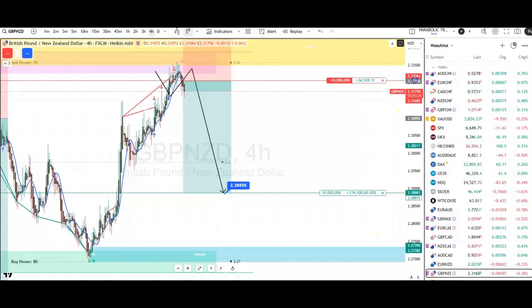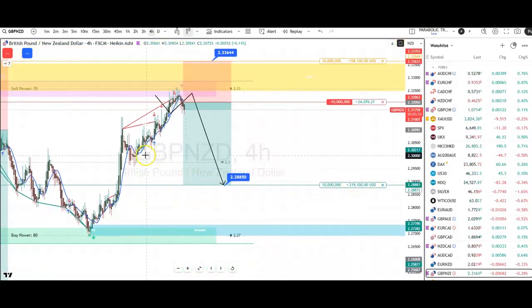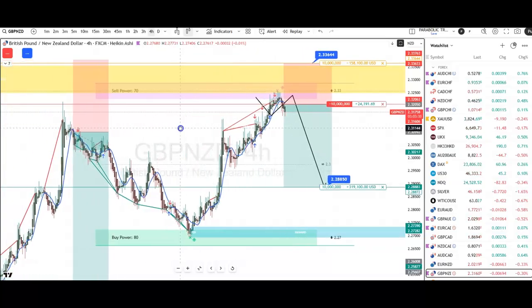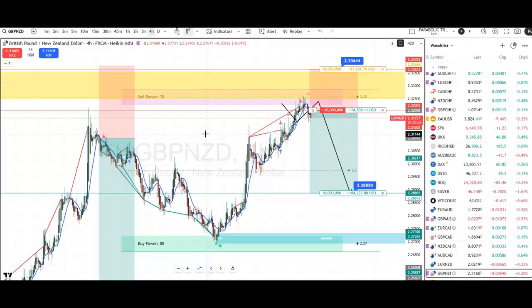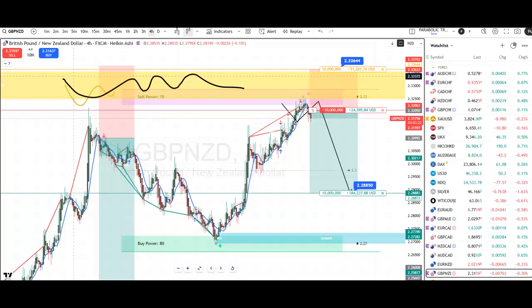Pound New Zealand, again, re-clarifying what works and what doesn't work, is highly significant. If we repeat this every day for VIP members, we can see that there's a very strong, well-established supply zone from many months ago being rejected with the sell power of 70, then that is highly significant.